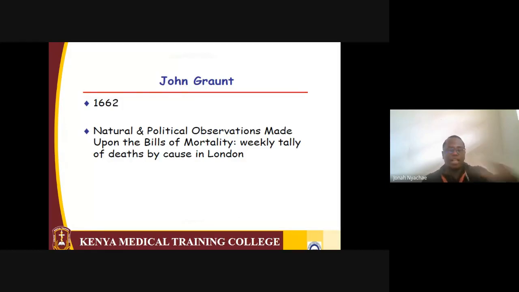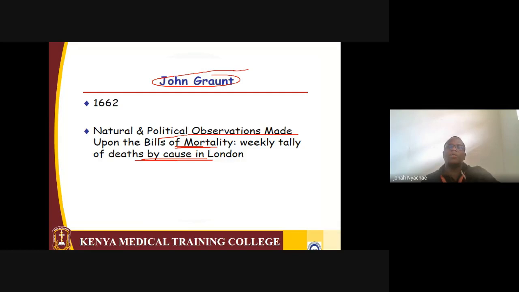The first person thought to have contributed to the field of epidemiology was a scientist by the name John Grant. You can go and read on how he came up with the natural and political observations, and bills of mortality and deaths that were caused in London.